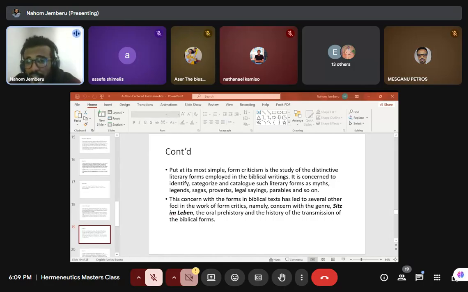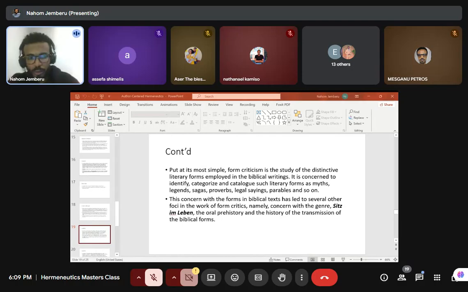More importantly, after identifying a form, it tries to identify the life setting of these forms. So the German term you see means life setting. It tries to answer what kind of context, what kind of situation might have preserved those forms. For example, whenever you see a prescription, you imagine a medical context, right?